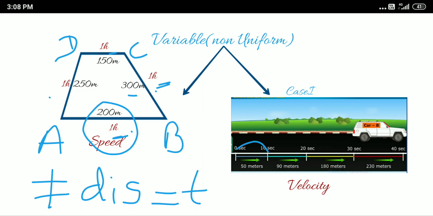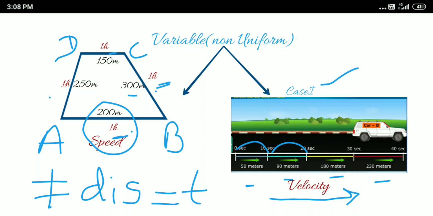Each interval has a time of 10 seconds and the distances are different: 50 meters, 90 meter, 180 meter and 230 meter. So each cross section distance is different within the same time interval, but one more specific thing here, in this picture the car is moving in a uniform or specific direction.